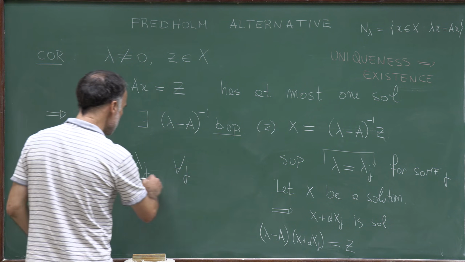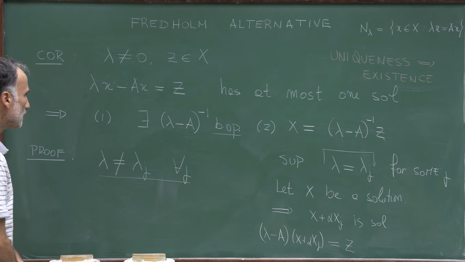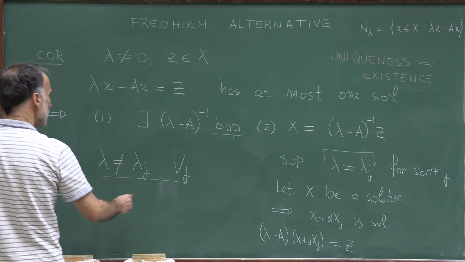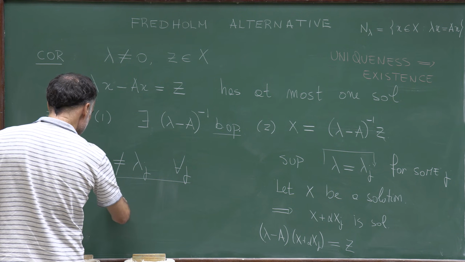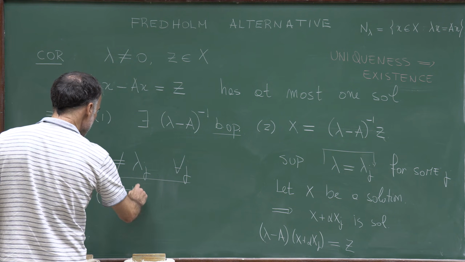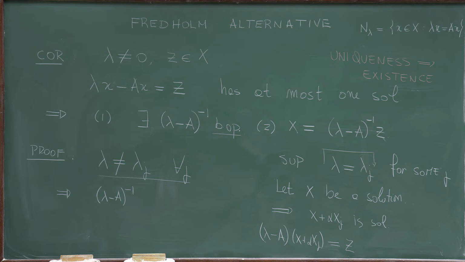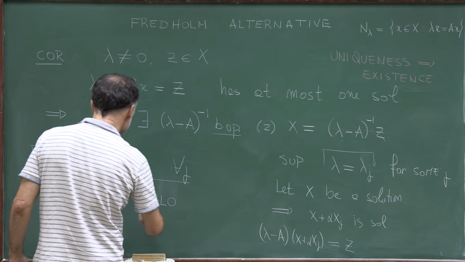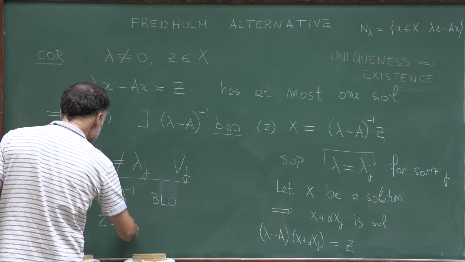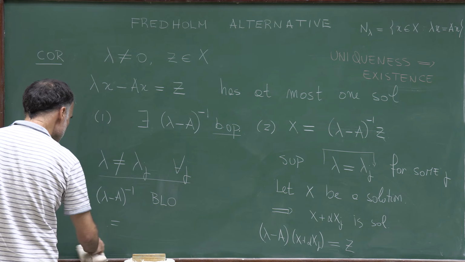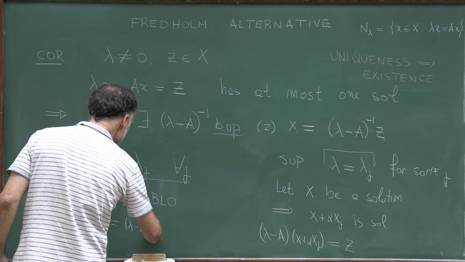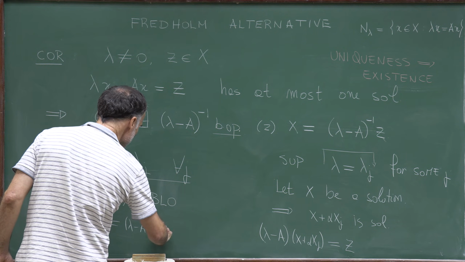And we have seen that if λ is different from λ_j for all j, then we can define an operator (λ - A)^-1, which is a bounded linear operator, and the solution x is given by (λ - A)^-1 z.